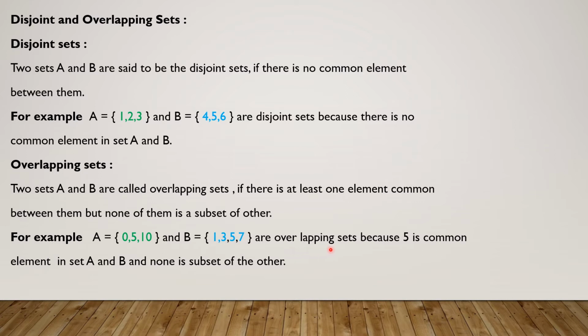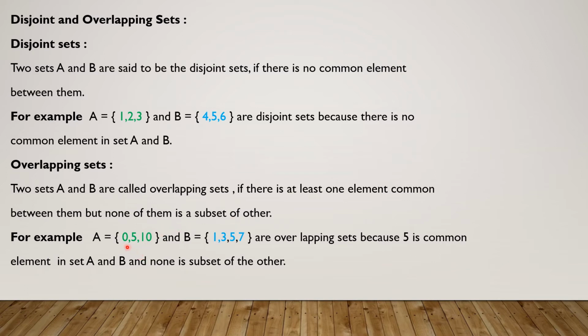These are overlapping sets. Why? See students, 5 is here and 5 is also here, meaning 5 is common between them. So according to the condition, there must be at least one element common. 2 may also be common, 3 may also be common. But the second condition is that none of them is a subset of the other.